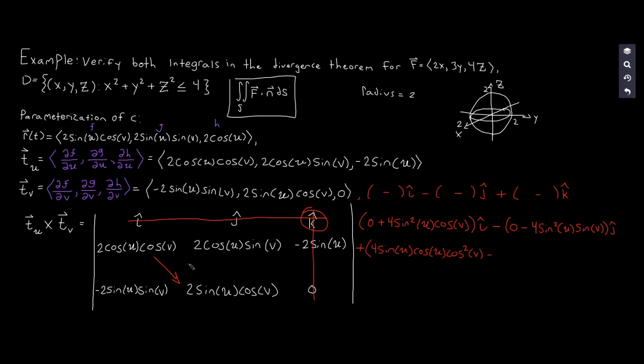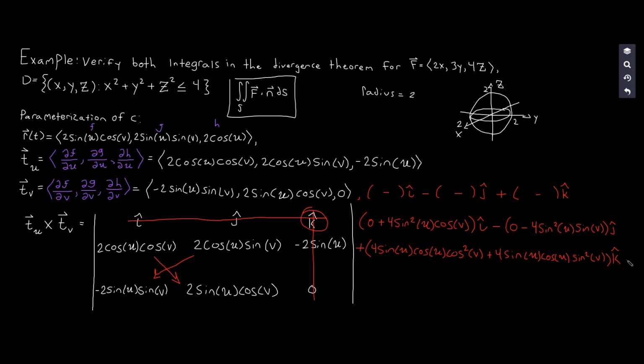From this, we shall subtract what we get when we do 2 times cosine of u times sine of v times negative 2 times sine of u times sine of v. This is going to be plus 4. Who's doubling up? Sine squared of v. So it's going to be sine of u cosine of u sine squared of v. And then that will be our k hat.